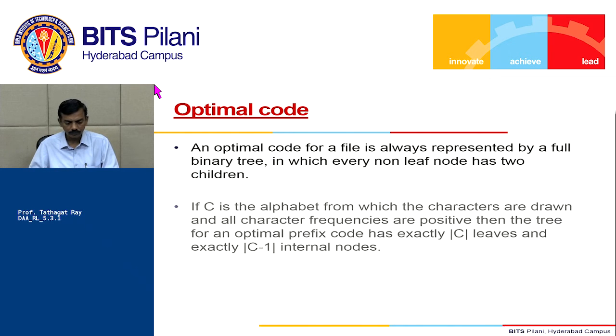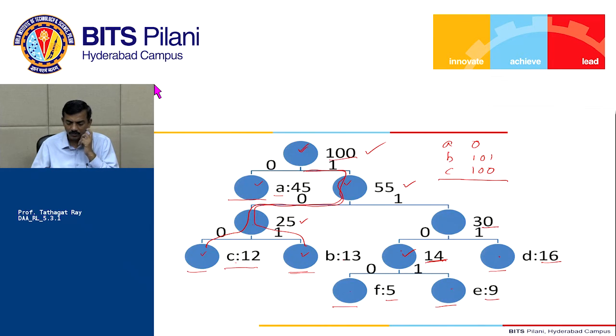So let's say you are given the alphabet C. C is the alphabet from which the characters are drawn, and all character frequencies are positive. That's your assumption. Then the tree for an optimal prefix code has exactly C leaves and C minus 1 internal nodes. In the previous case, all the leaves corresponded to some character.